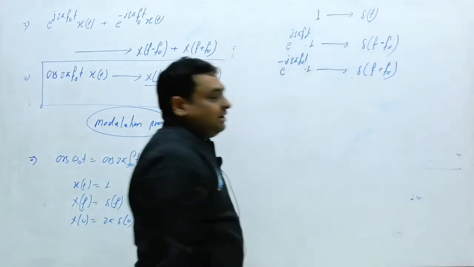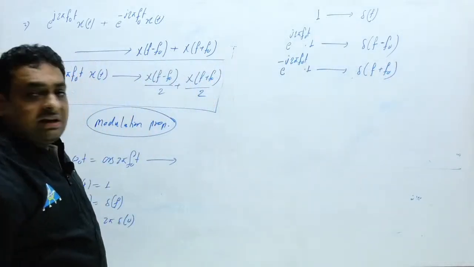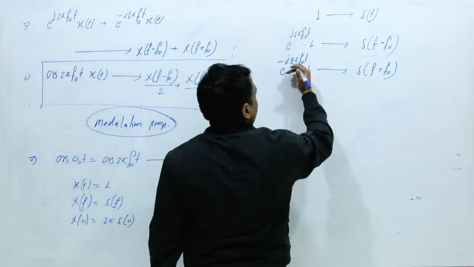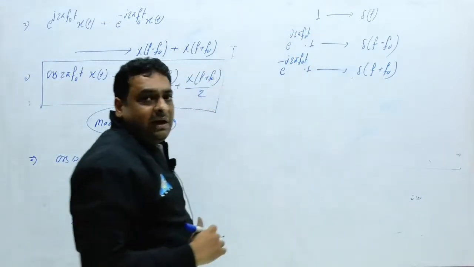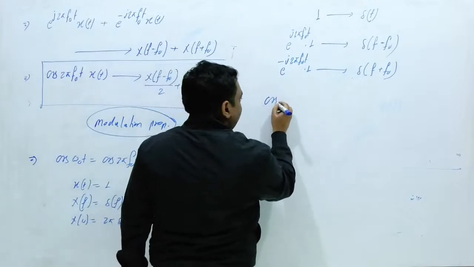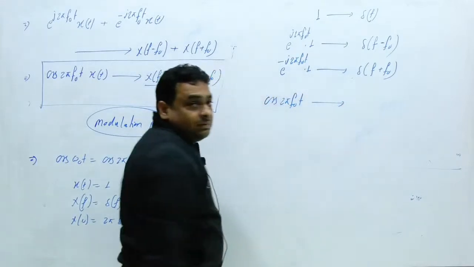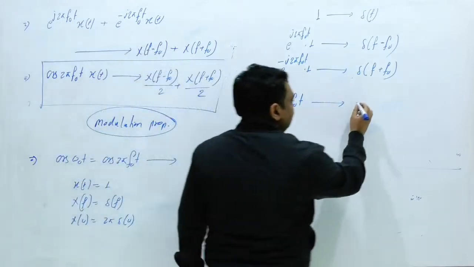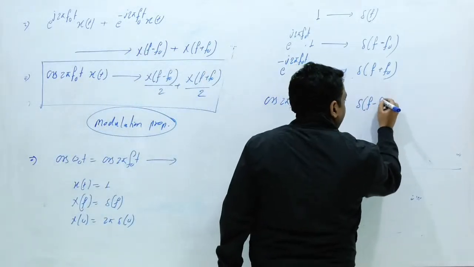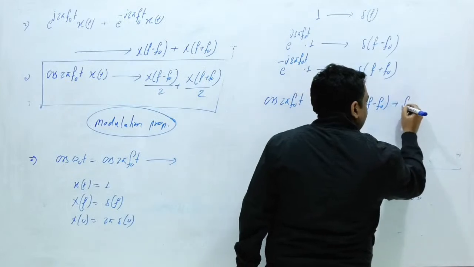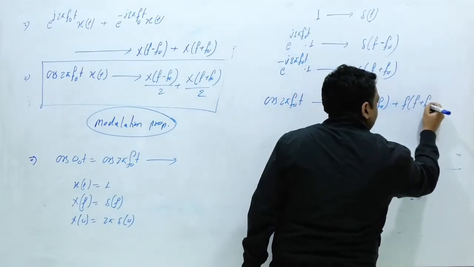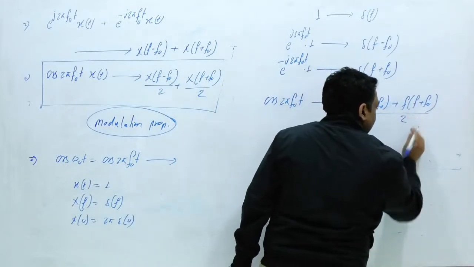Now if you add these two and divide by 2, what will you get? Cos 2 pi f0 t. What is this Fourier transform? Both will be added, so what answer will you get? Del of f minus f0 plus del of f plus f0, divided by 2.